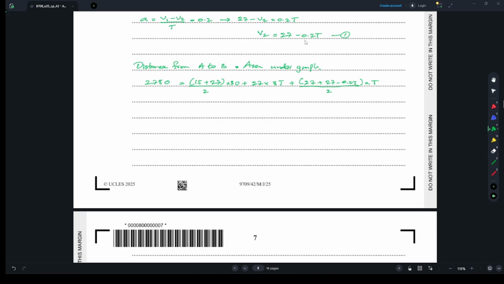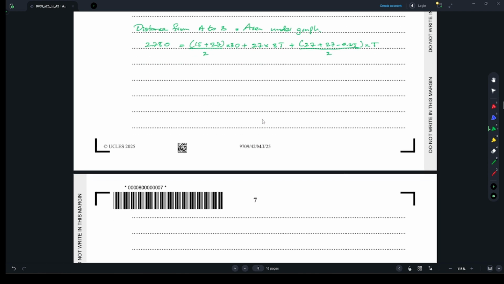Now, as you can see, we have only t as a variable. So we just have to simplify this and find the value for t. Let's start.